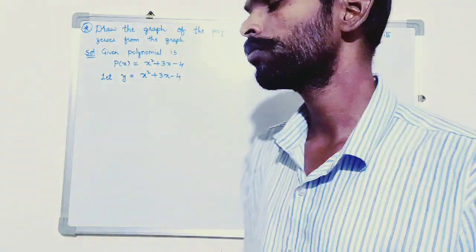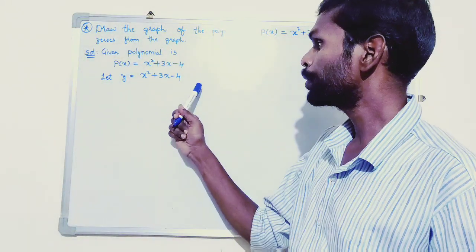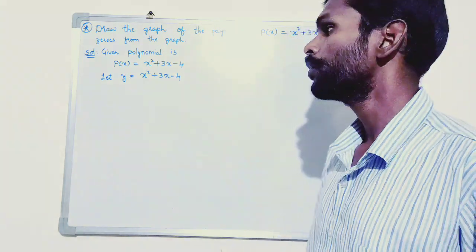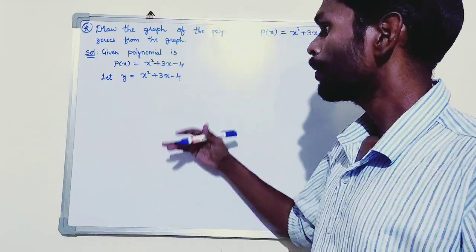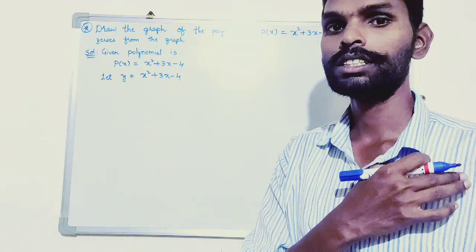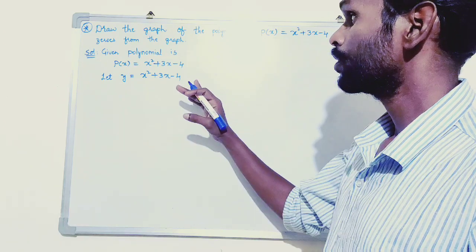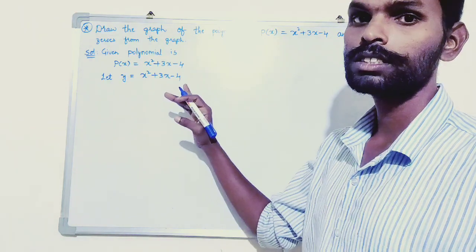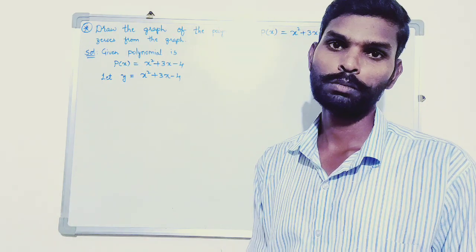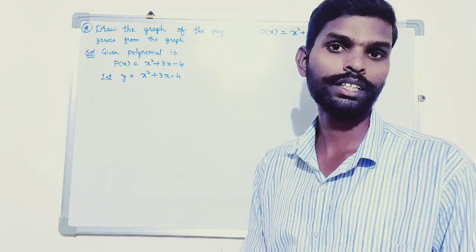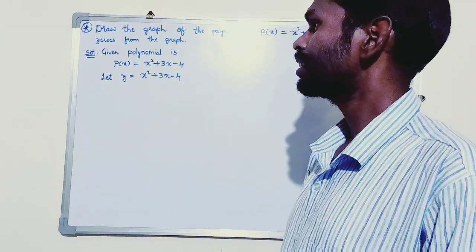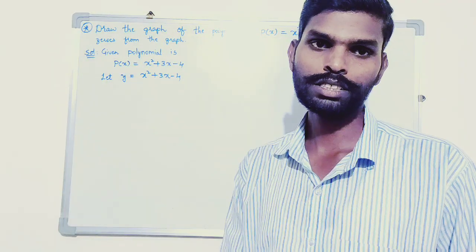Now you need to take different values of x so that you will get different values for y. But before taking values of x, you can find the zeros by the normal method. For finding zeros of a quadratic polynomial, generally we have different kinds of methods.